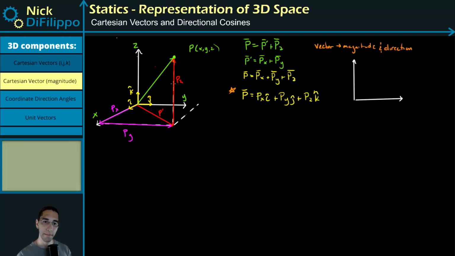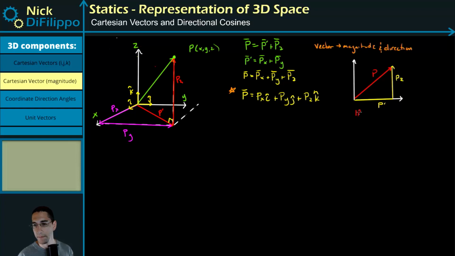If we think about looking at this straight on, this right here is a triangle that has my right angle right there. So if I draw this, this is my p prime, and this is my pz, this is my magnitude of p.